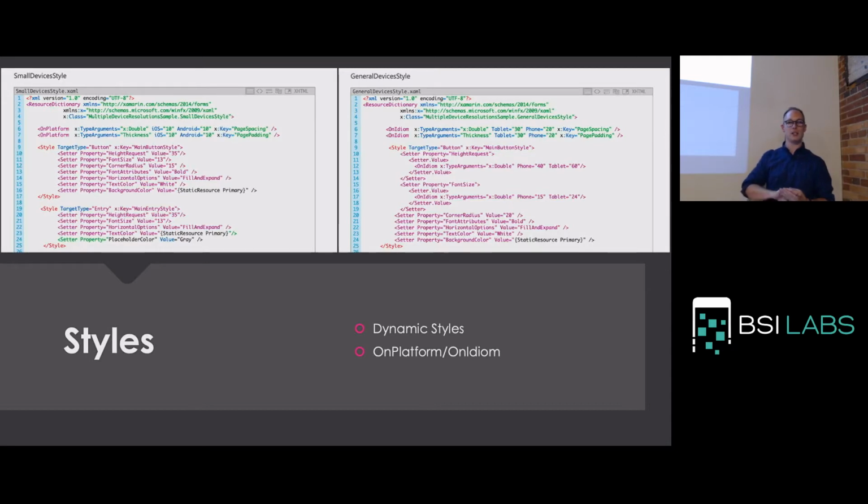So if you go on idiom tablet, you can have a different set of styles defined for a tablet versus a phone. Same with the differences between iOS and Android. You can detect what platform you're working with and load different styles for Android and iOS. So you get some nice flexibility there.